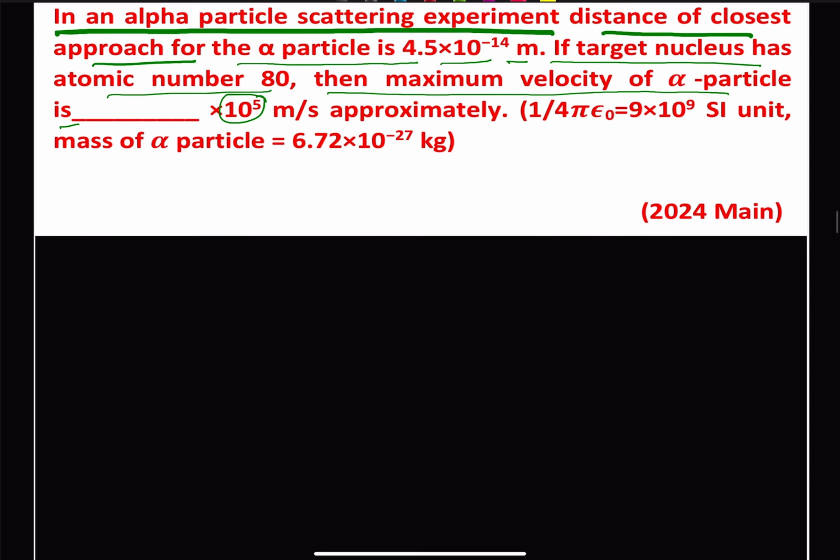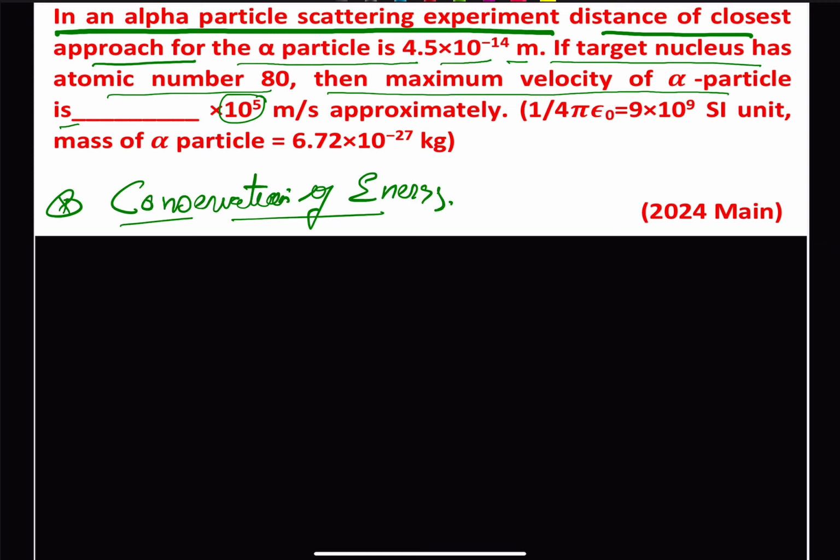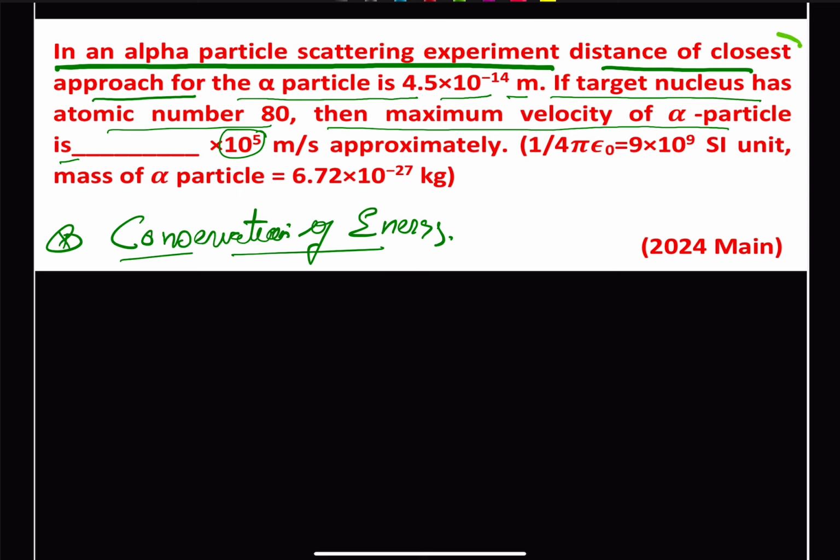So we can say conservation of energy, and we have to remember that it is talking about the distance of the closest approach. So which basically means that suppose this is a nucleus and we have charged particle, here is alpha particle which is traveling, and it should be dead center with respect to the nucleus, and this is the distance of the closest approach.